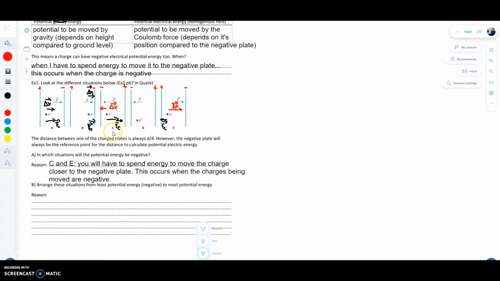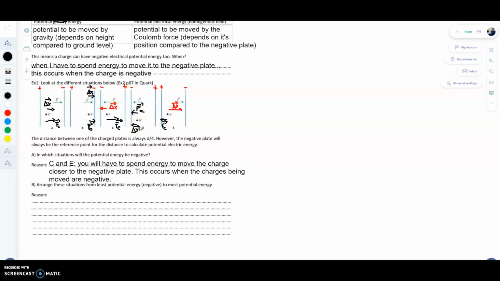There's only one situation where we've not drawn the rest yet, and that's this one. It's a positive charge, meaning my Coulomb force is going to drag it this way. Same sense as the electric field, because the charge is positive, meaning I can rely on it to be moved towards the negative plate.